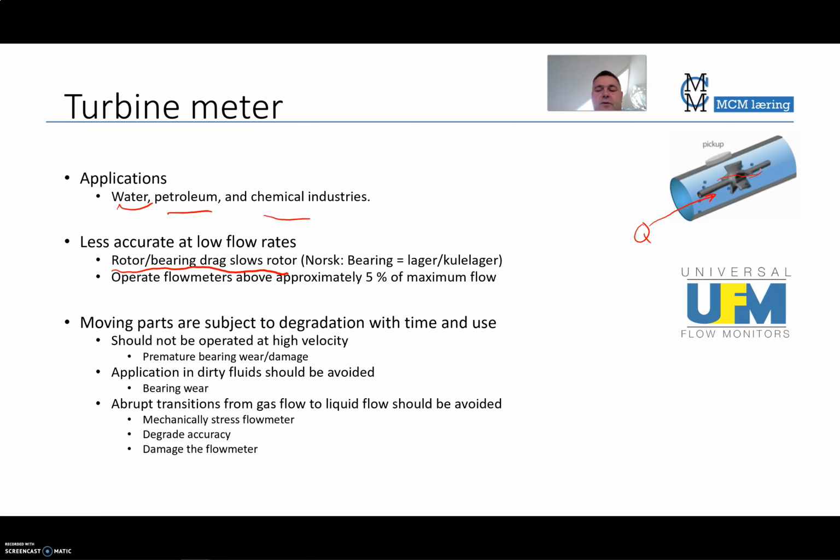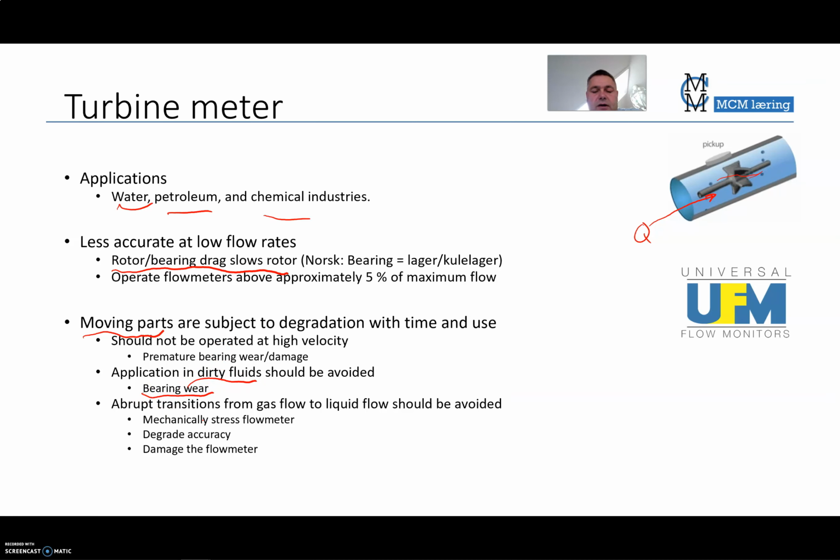And then, every measurement principle where you have moving parts will have a reduced lifetime. For example, if you have dirty fluids and such, that will reduce the lifetime of the bearings, and also abrupt transitions from slow to fast flow will mechanically stress the flow meter.